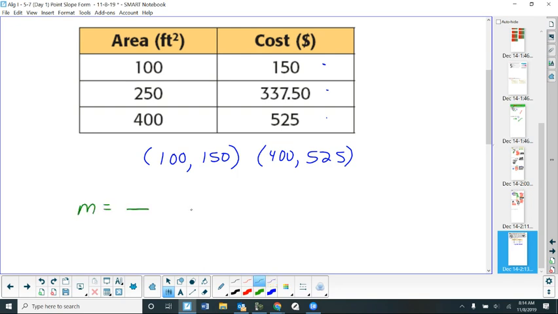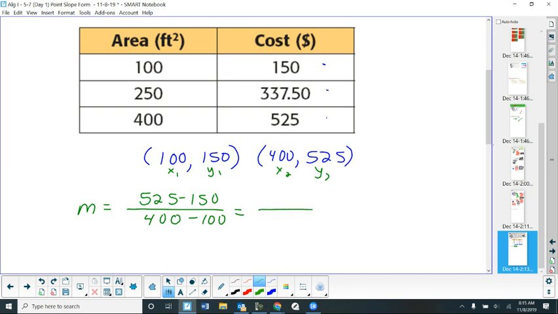The slope. How do you find the slope using these values? Plug in 400. Okay, now careful. Y's go first. 525 minus 400... okay, careful. This is x1, y1, 100, 150, and x2, y2, 400, 525. So 525 minus 150 over 400 minus 100.